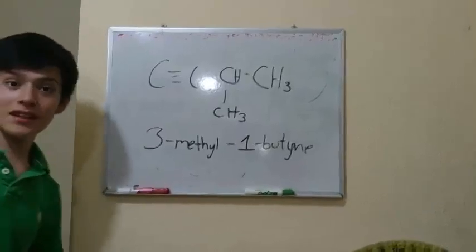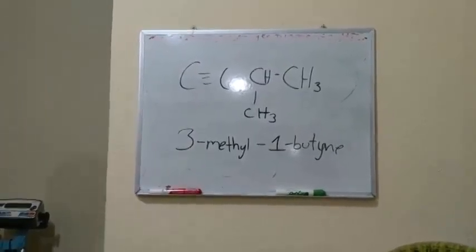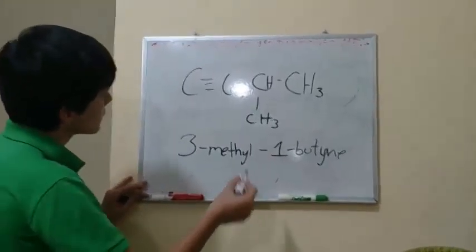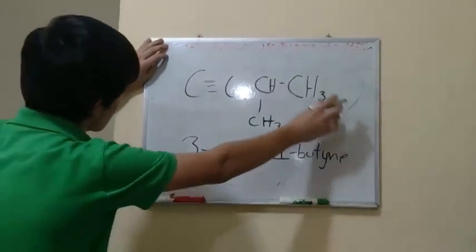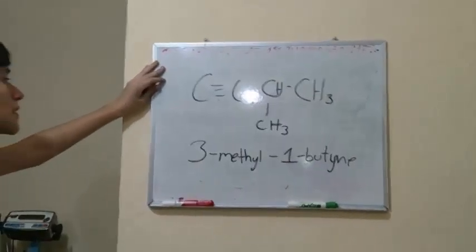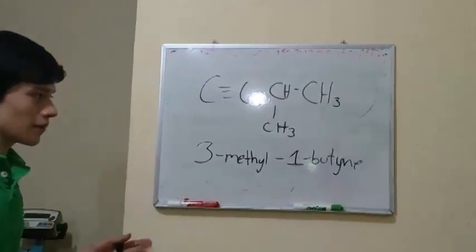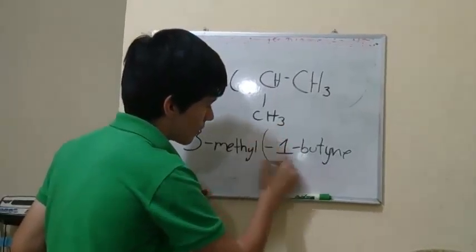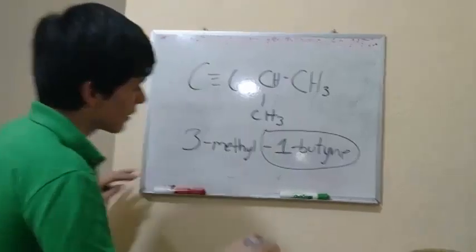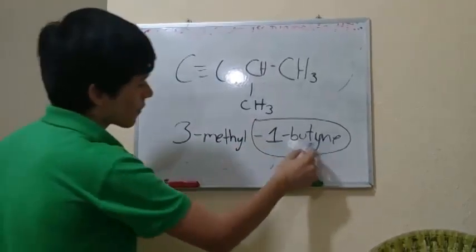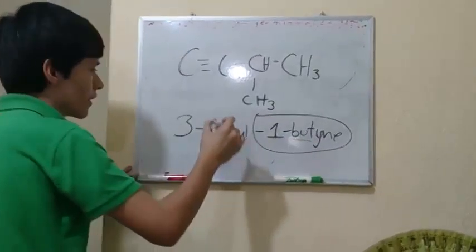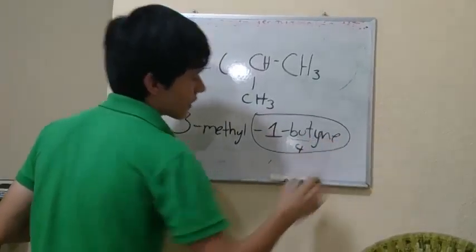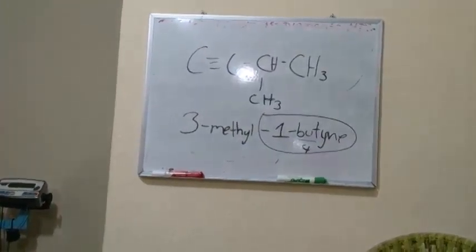So for the last example of alkynes, let's remember the steps. The steps for naming: check first this part. It means butyne, which means "but", 4, and "yne", it's a termination for alkynes.